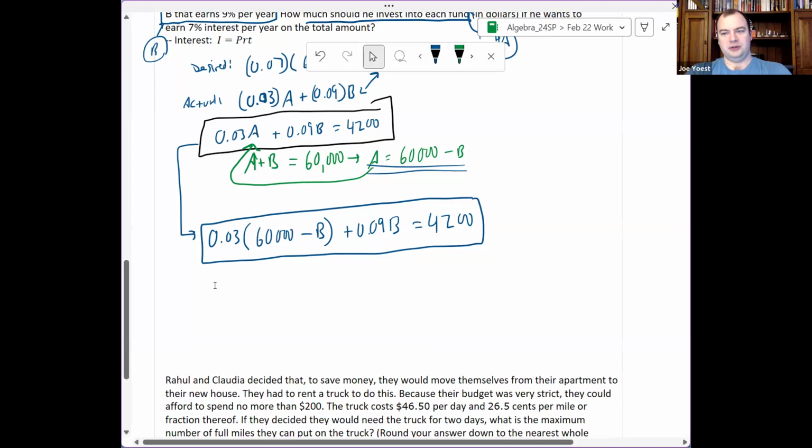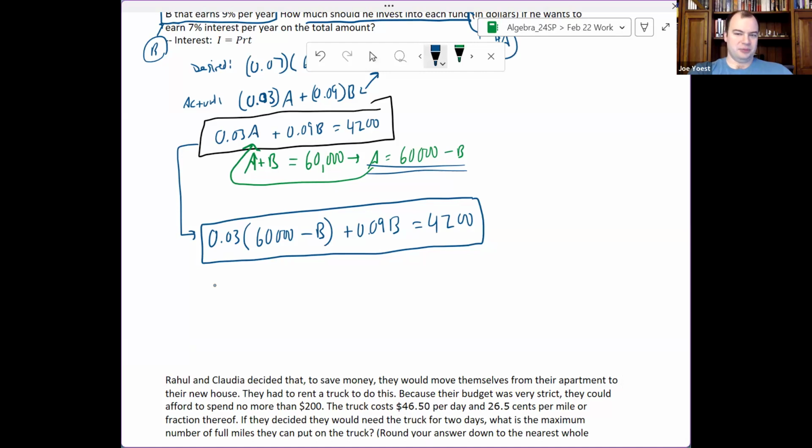Well, the first thing I want to do is to distribute and simplify. I do have some decimals here, and you might say, well, can I multiply by 100 on both sides to get rid of this 0.03 and this 0.09? I suppose I could, but then I have 420,000, like 4.2 million on the right side. That seems to be unwieldy also. So I don't really see so much benefit in multiplying both sides by 100 and getting rid of the decimals.